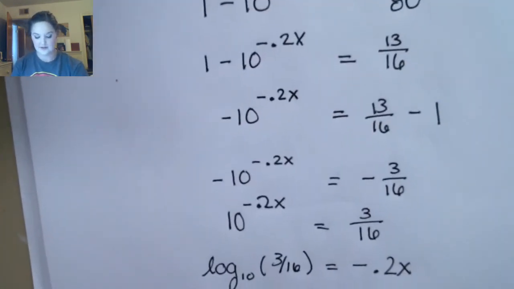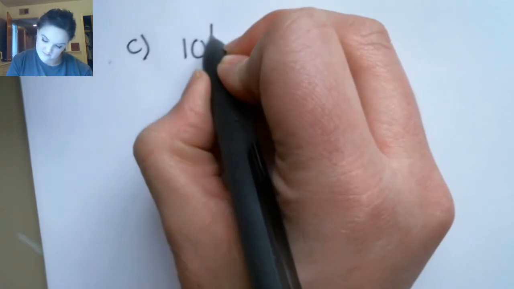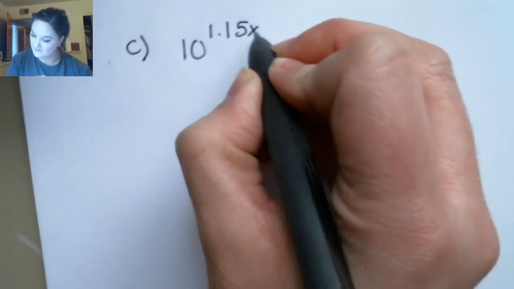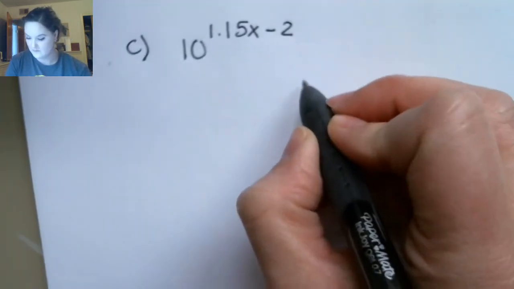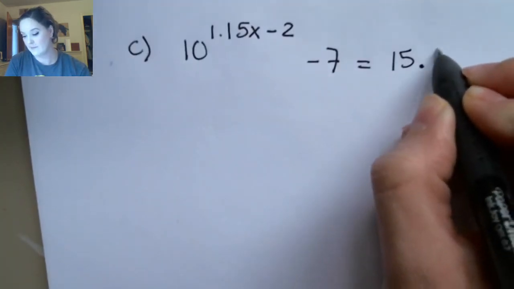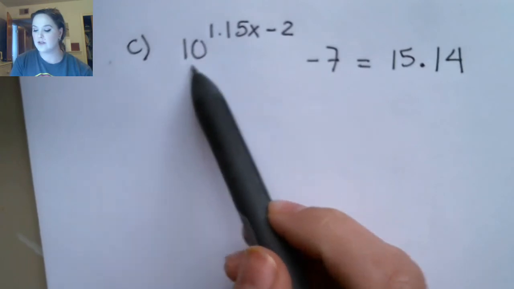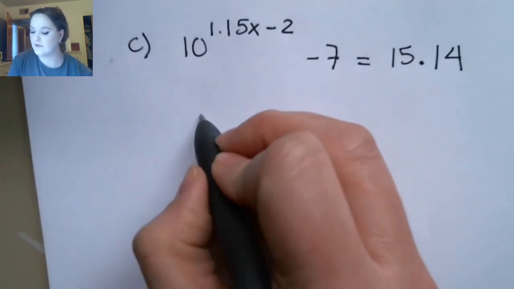All right, let's look at one more example like this. The first thing I'm going to do is try to isolate this exponential part, so I need to add 7 to both sides.